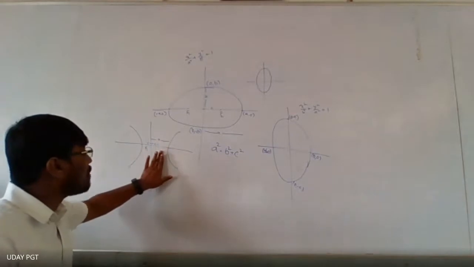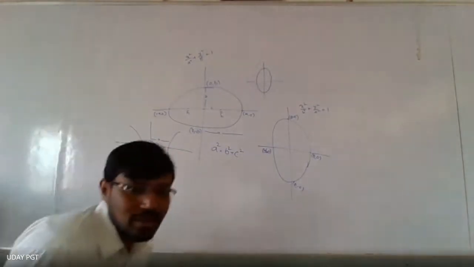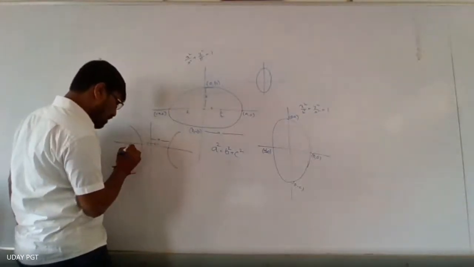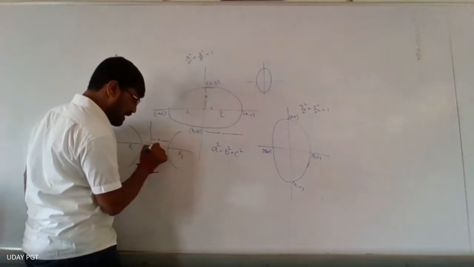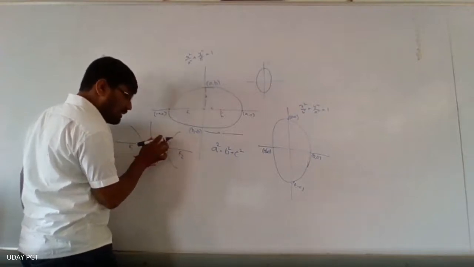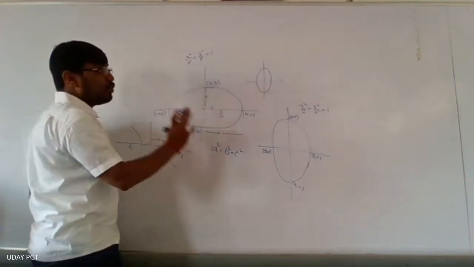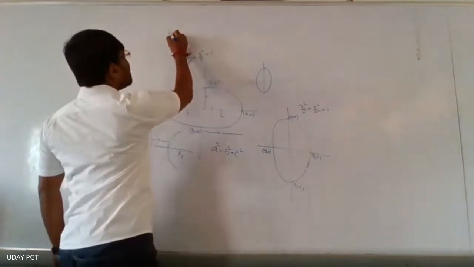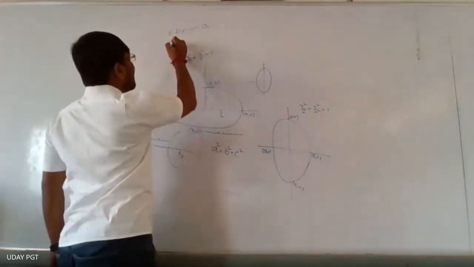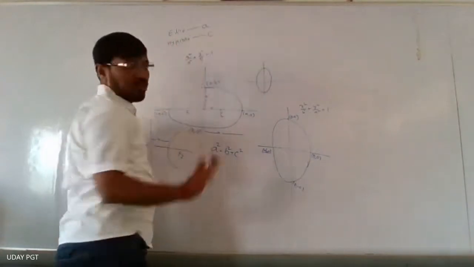The focus will not be here in case of hyperbola. In case of hyperbola, the foci F1 and F2 are further out. So A will be smaller in case of hyperbola. Remember, in the ellipse case A is more; in case of hyperbola, C is more.